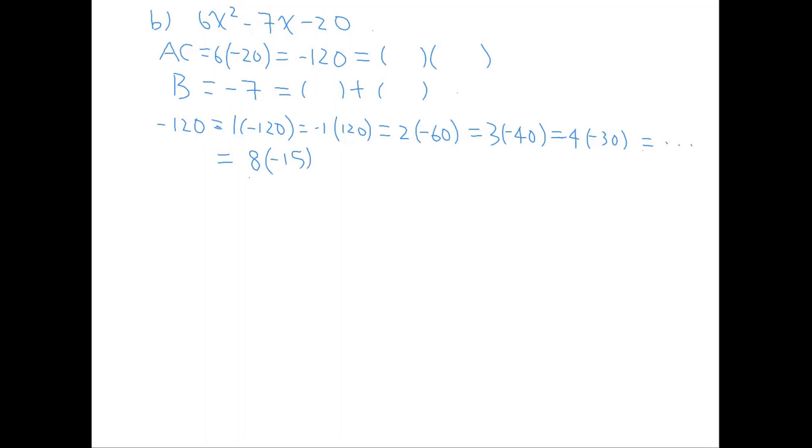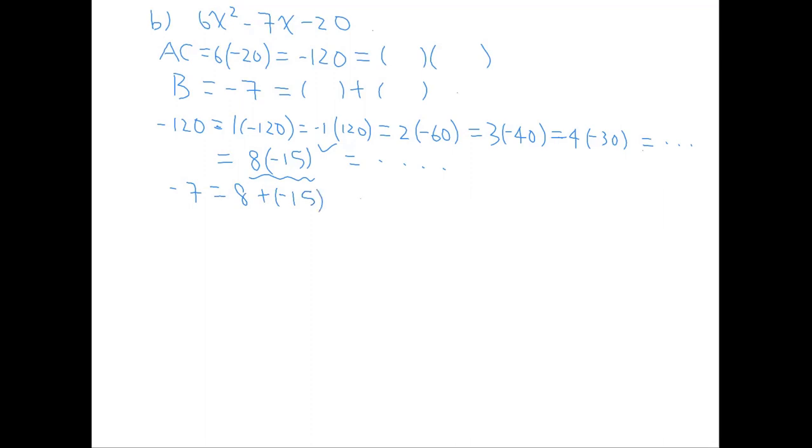Obviously, this one works. So we skip all of this. So at the very beginning, you might just pick bigger numbers than 1 and 2 and 3 and 4. You will not get 7 or negative 7, right? So this one works. Negative 7 equals 8 plus negative 15.